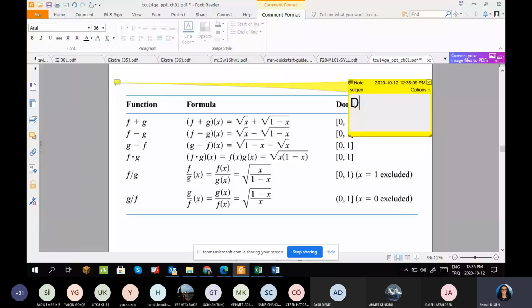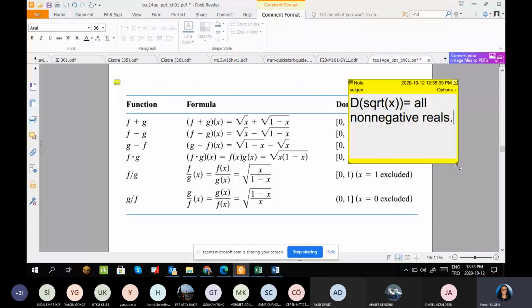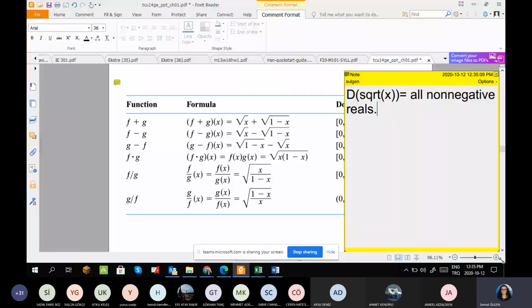D of square root of x. D means domain. All non-negative reals, right? What does it mean? All reals greater than or equal to 0. That's what it means.